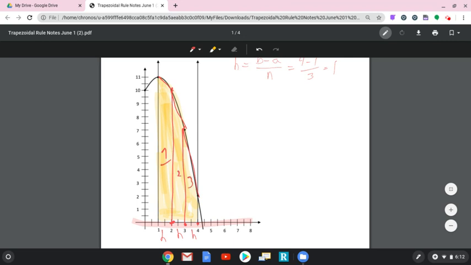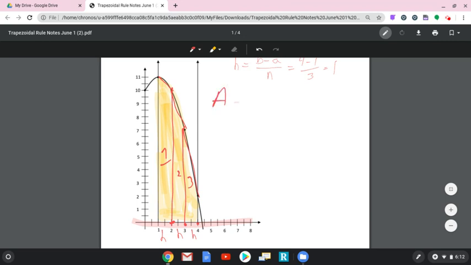Now, if you look at this graph, you're going to see that there's some area under the curve that is not inside the area of the trapezoids. That is okay. We are using the trapezoidal rule as an estimation method, so we're estimating the area under the curve. If we can find the area of each trapezoid, then we will be able to estimate the area under the curve. So let's talk about our trapezoid formula.